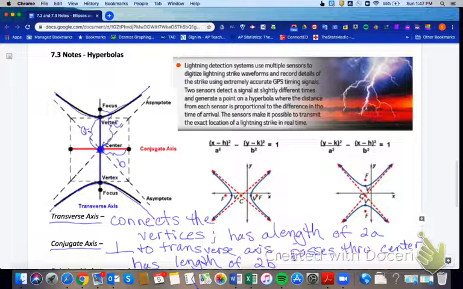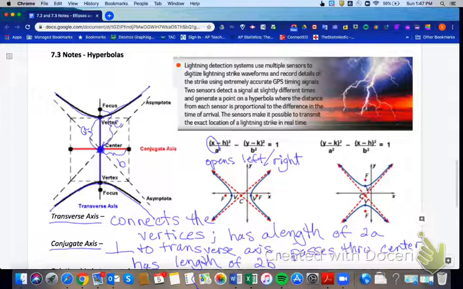This time, whichever variable comes first in the numerator, so in this case, x comes first in that equation, that means the hyperbola opens left and right. So the vertices are on horizontal.